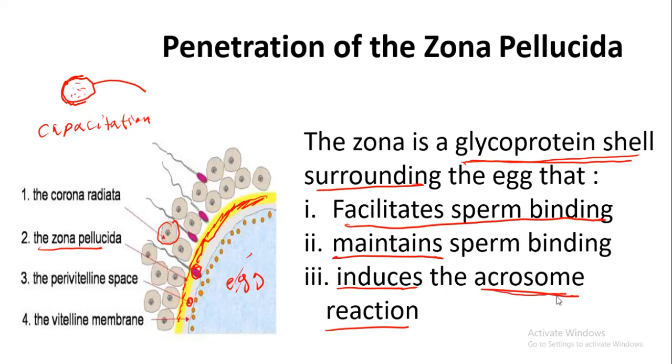Yes, the zona pellucida is inducing it. But what's really causing this acrosomal reaction to take place? By the way, make sure that you take note of these functions of the zona pellucida.